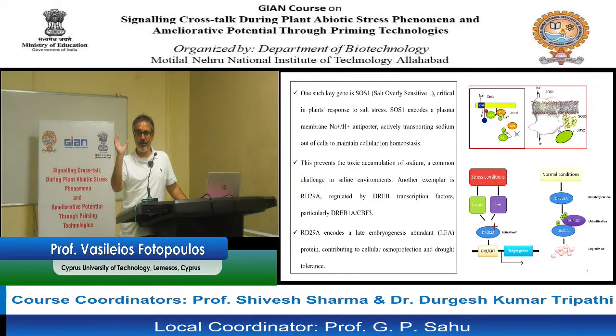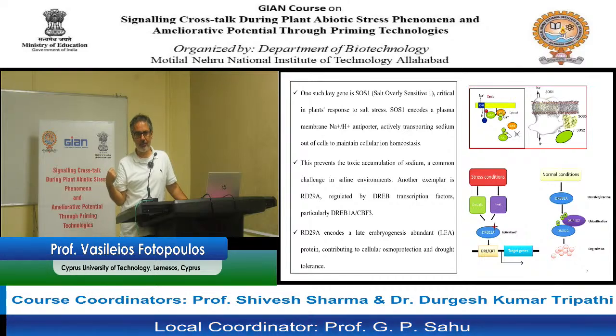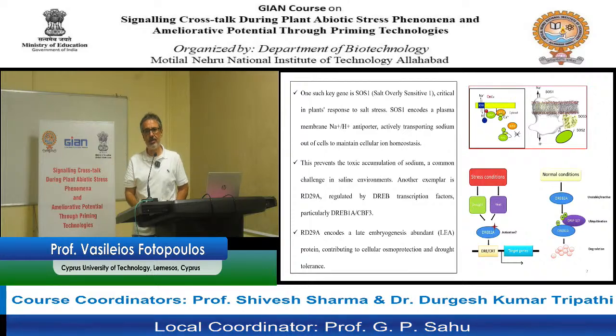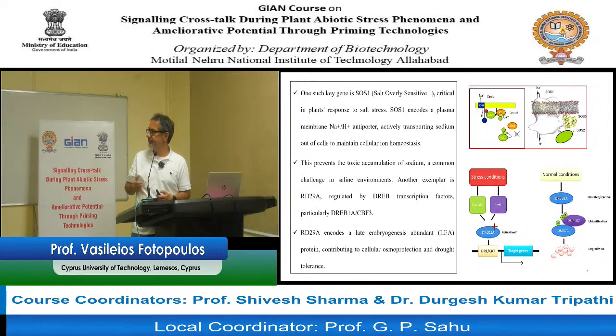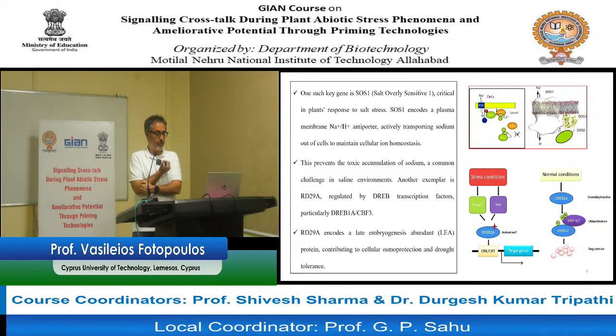It's either excluding from the cytoplasm by external pumping, or through inclusion in the vacuole with the tonoplastic transporters. Okay? So it actively transports sodium out of the cells to maintain cellular homeostasis, or it can actually compartmentalize it within the vacuole again to reduce the toxicity effects. And this ultimately prevents the toxic accumulation of sodium.